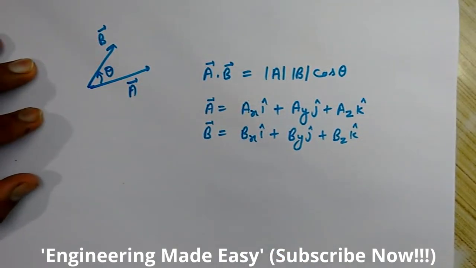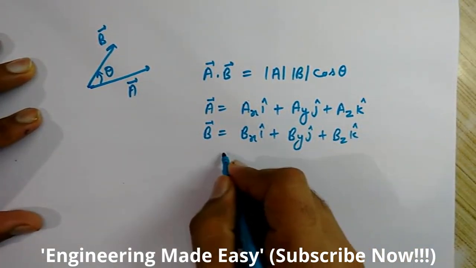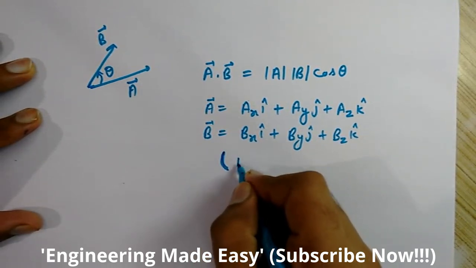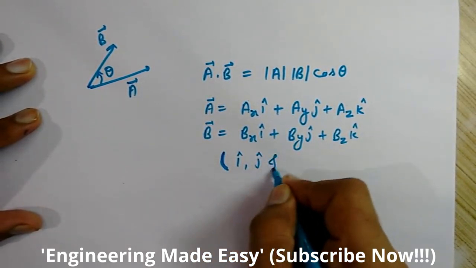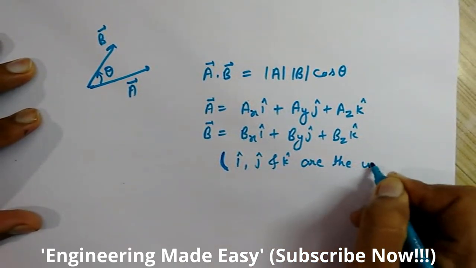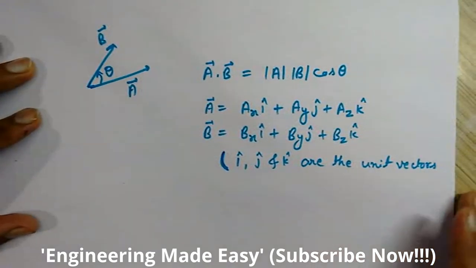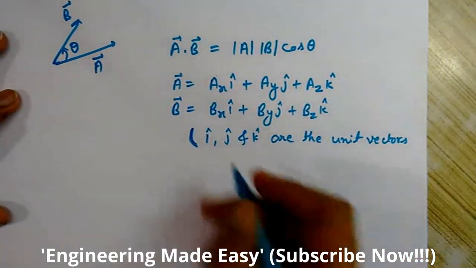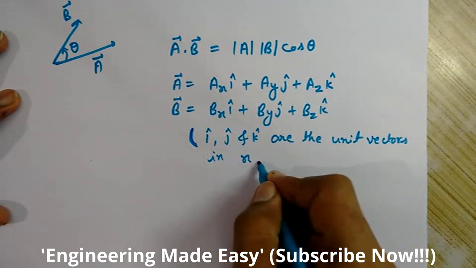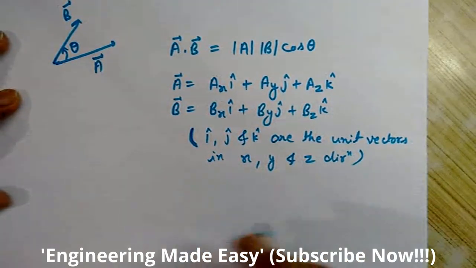So here, let me write it, i cap, j cap and k cap are the unit vectors in X, Y and Z coordinate directions.